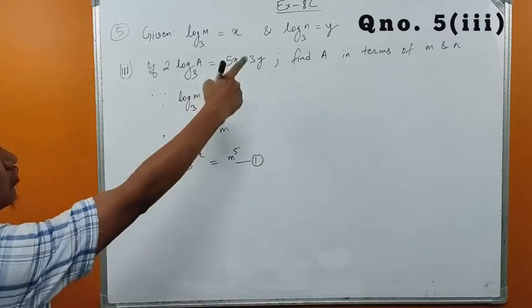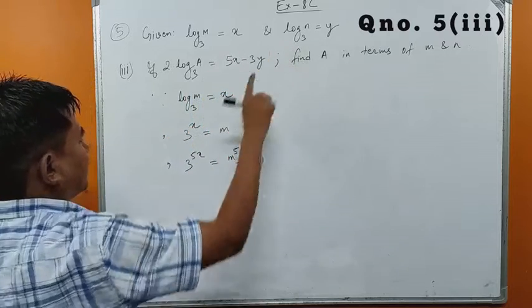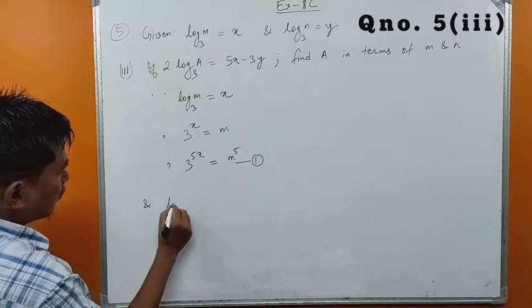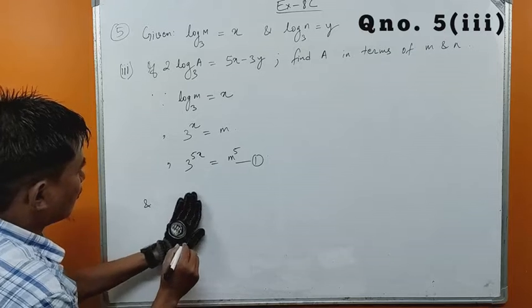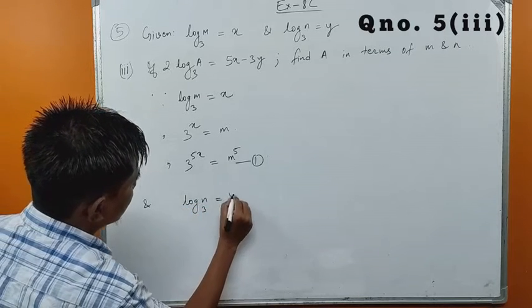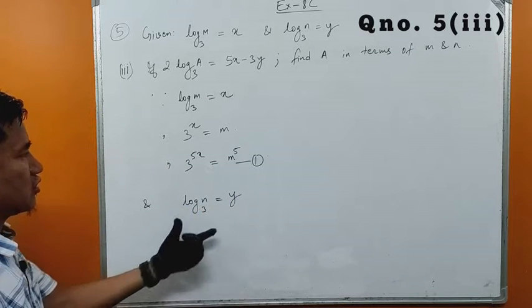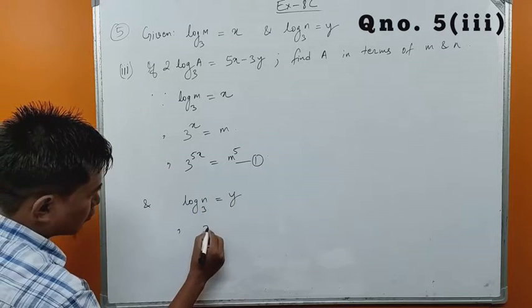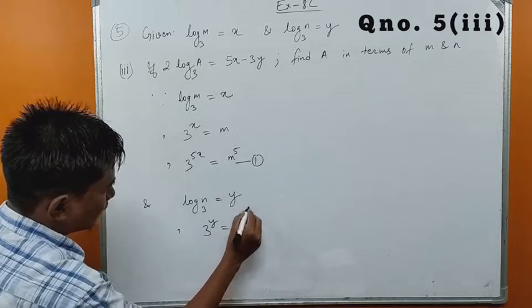And equation 2, log n to the base 3 equals y. We change this also into exponential form. 3 to the power y equals n, isn't it?